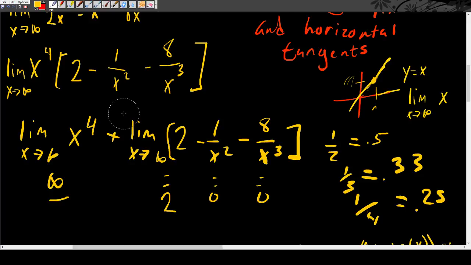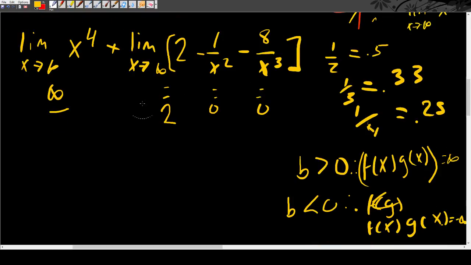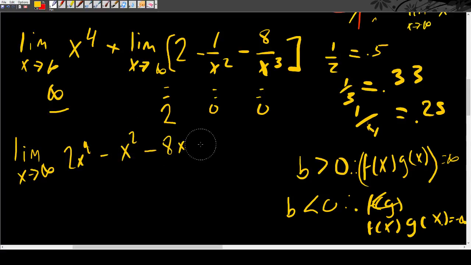There's no way that you would ever divide 2 divided by infinity in this instance. So yeah, this approaches infinity. This whole limit, 2x to the fourth minus x squared minus 8x equals infinity.